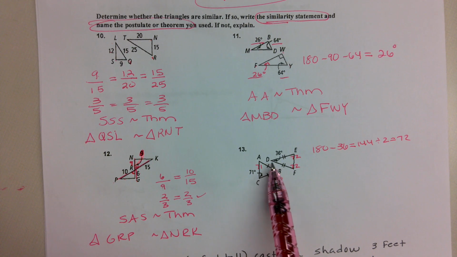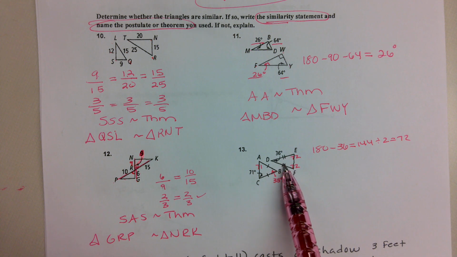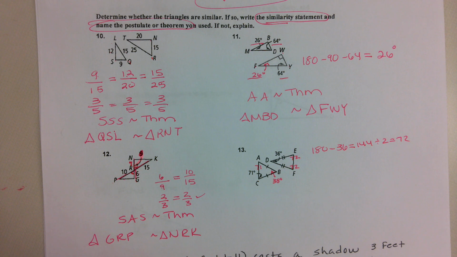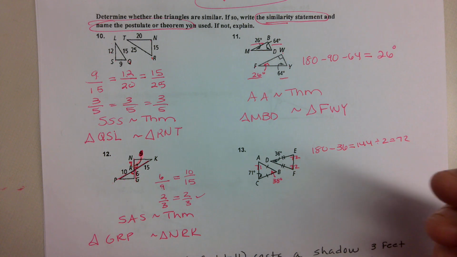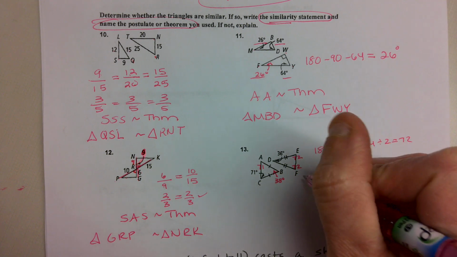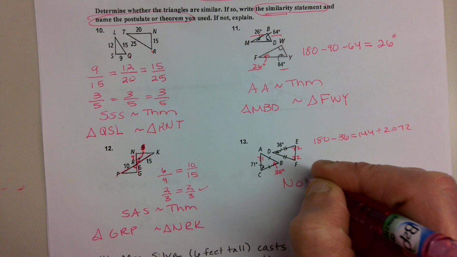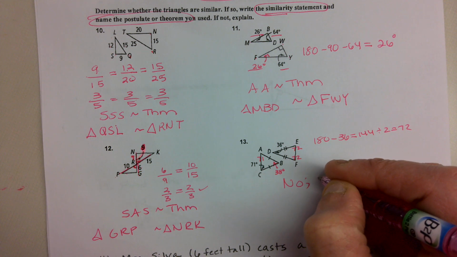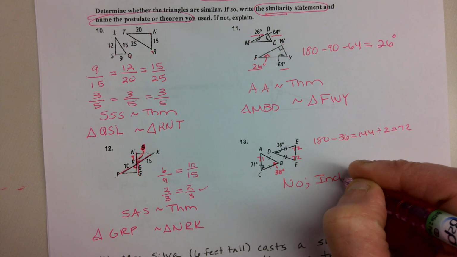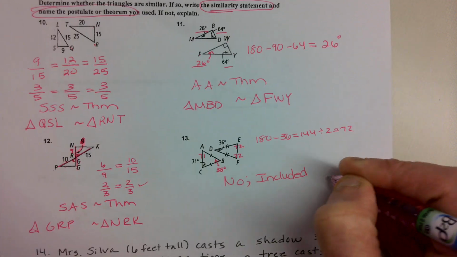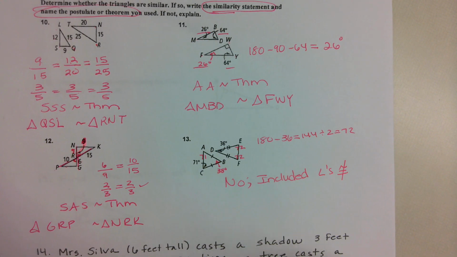I can't say these are proportional because all I know is they're the same in that triangle. But even so, the included angles aren't the same either. So, no, and I would just say one of those ideas. So included angles not congruent.